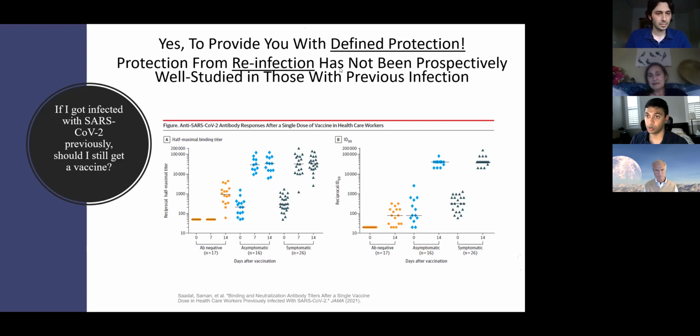So you still would want to maintain all of your mask wearing and social distancing in the right context, because you may not reach that 94% efficacy if you have an underlying issue that affects your immune system, for example. But that's not to say that you shouldn't get the vaccine. It's maybe even more important for you to get it.